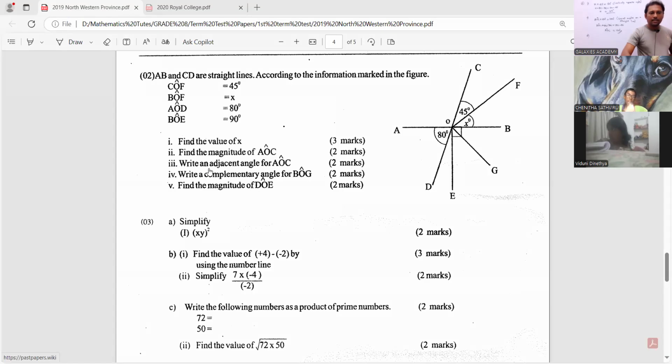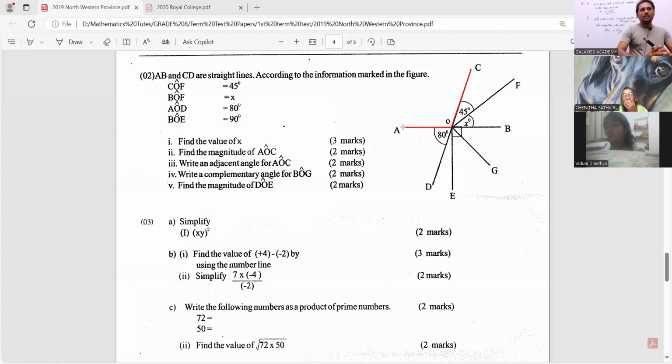Third part, write an adjacent angle of AOC. Adjacent mean, I also discussed it in the previous paper with you, no? What adjacent means. To be adjacent, what should happen?